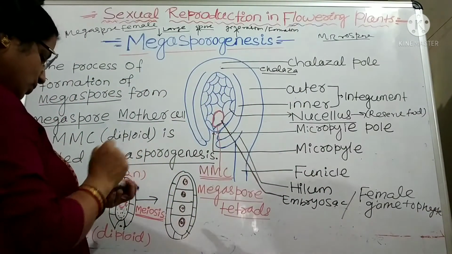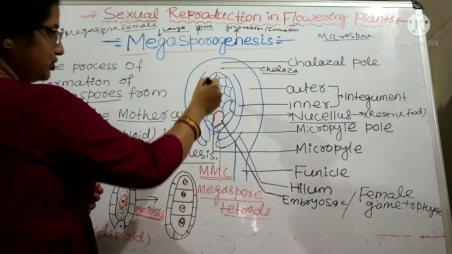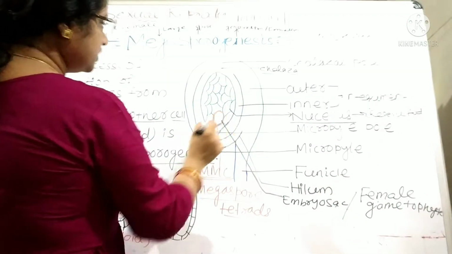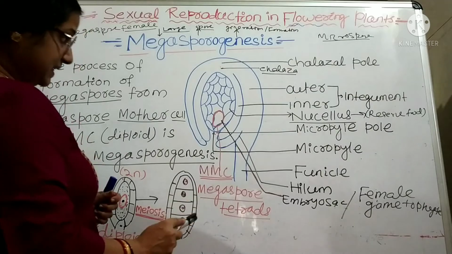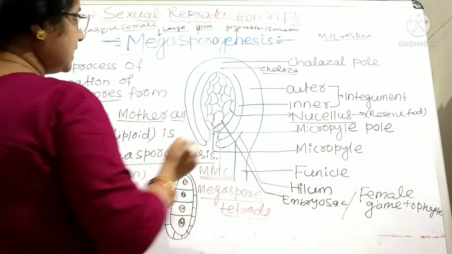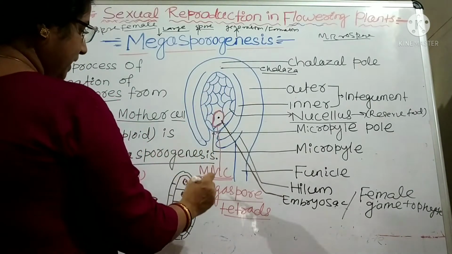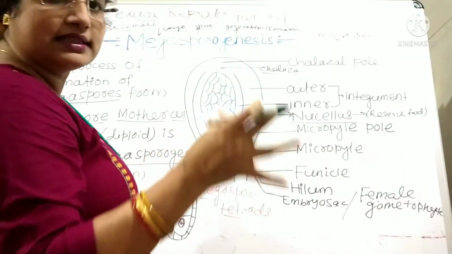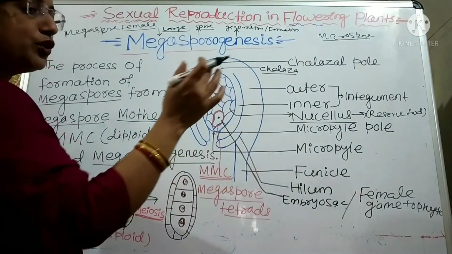So, out of the total cells present inside the nucellus, the one cell present towards the micropyle functions as the megaspore mother cell, which enlarges in size and divides meiotically.